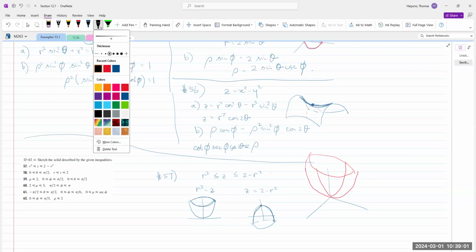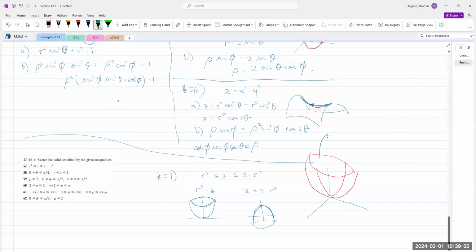Let me use what color? Green color. And this is the z-axis. That's for number 57.